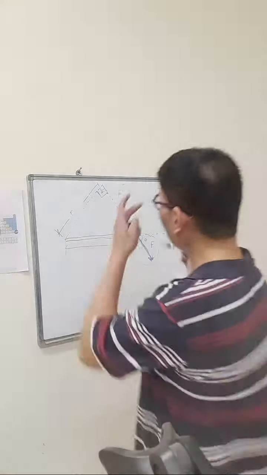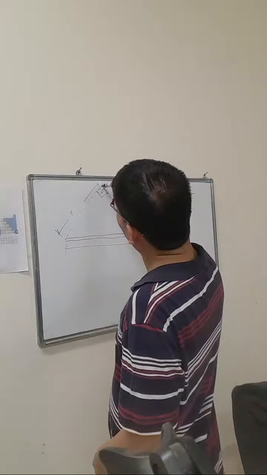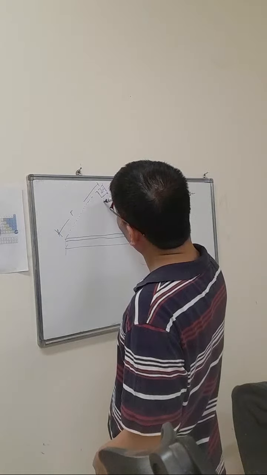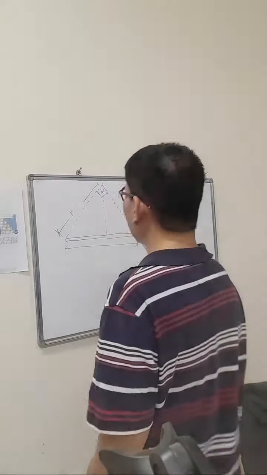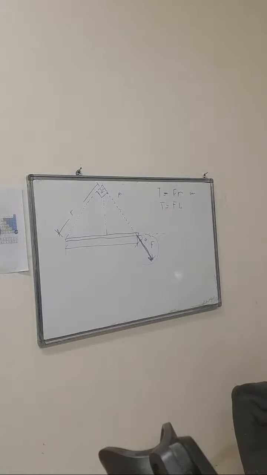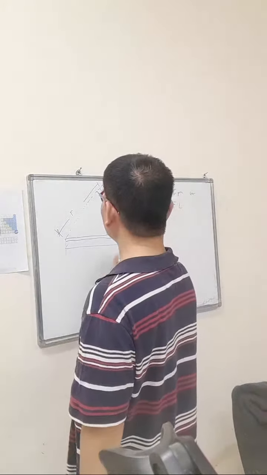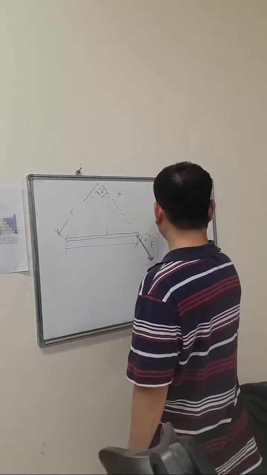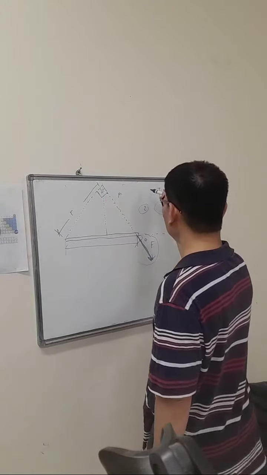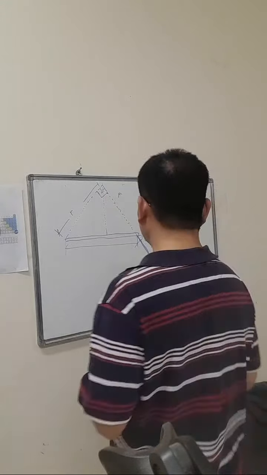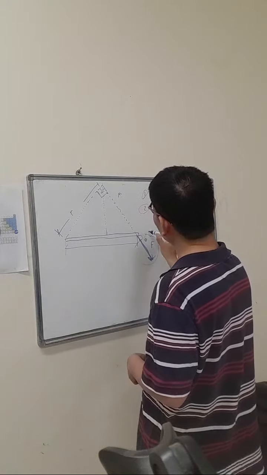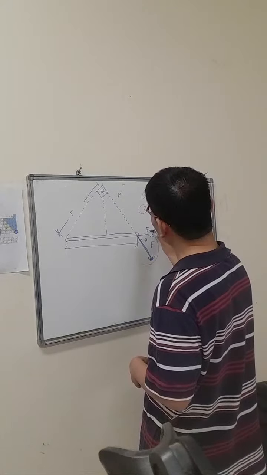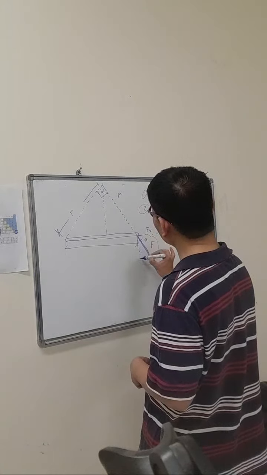You can create a triangle, right? So you can create the angle of inclination. We start first with F times L, equation 2, and equation 1. So you can create the vertical force, the horizontal force Fx, and the vertical force here.